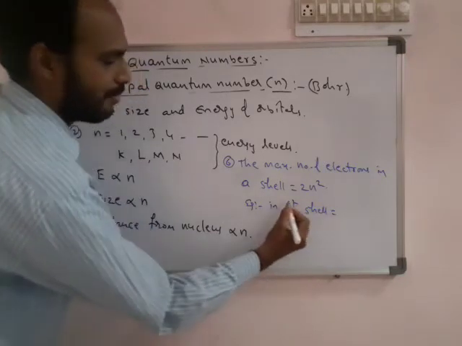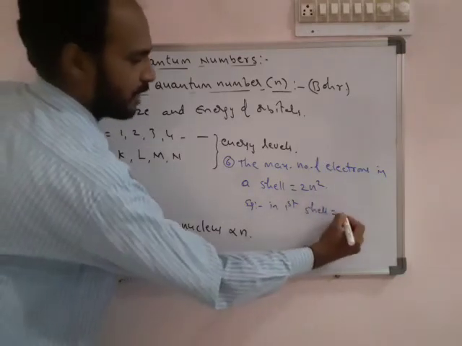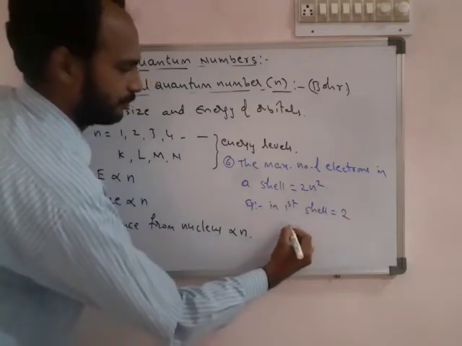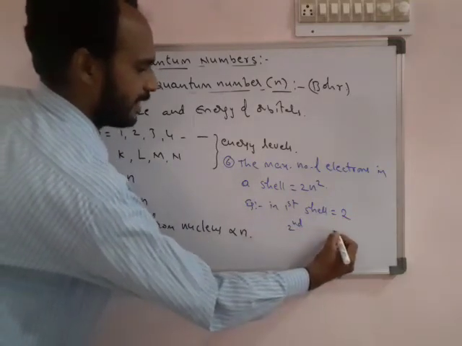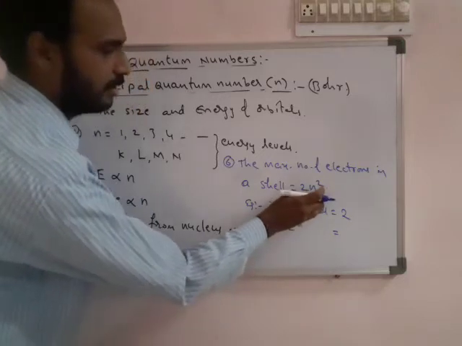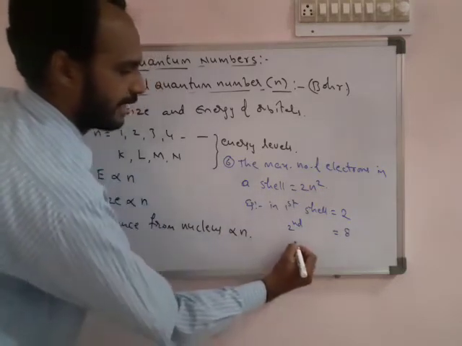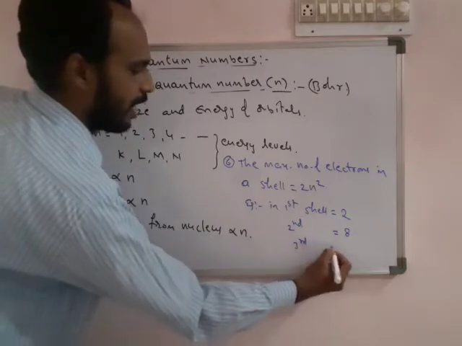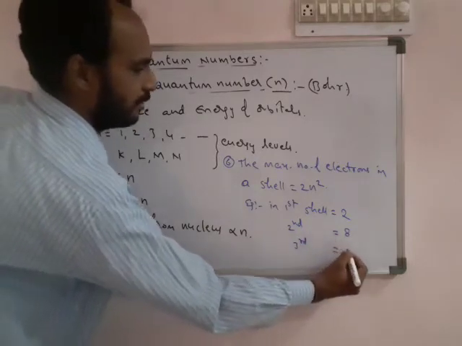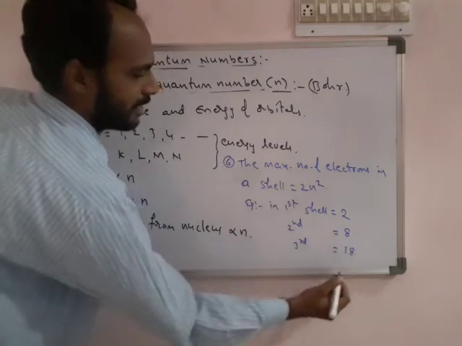In the first shell, number of electrons how many? 1 square means just 1, so 2 into 1 is equal to 2. Same in the second shell, how many electrons? 2 into 2 square, 4, that is 8 electrons present in the second shell. In the third shell, 18 electrons are present.